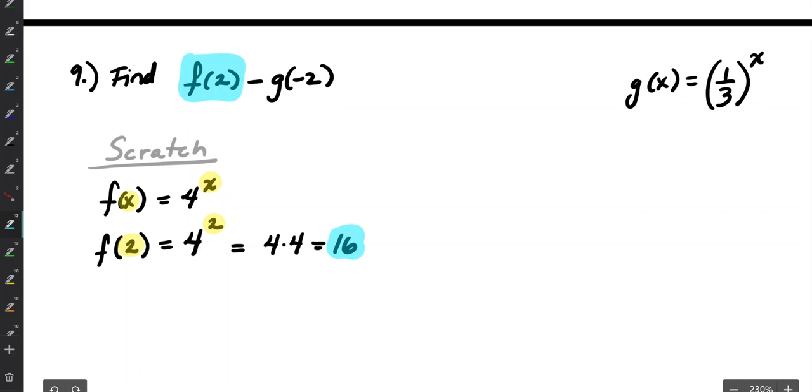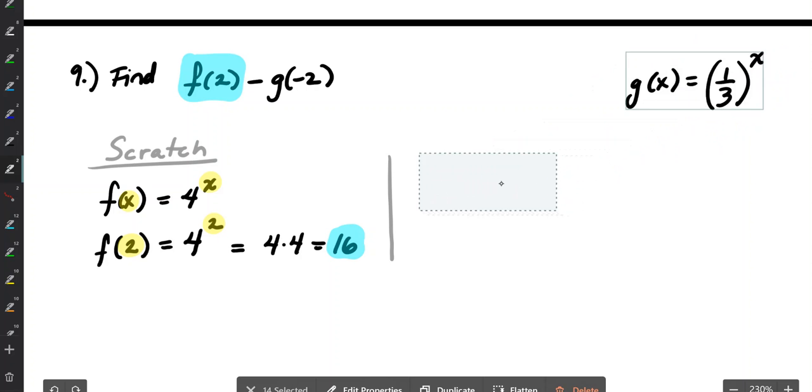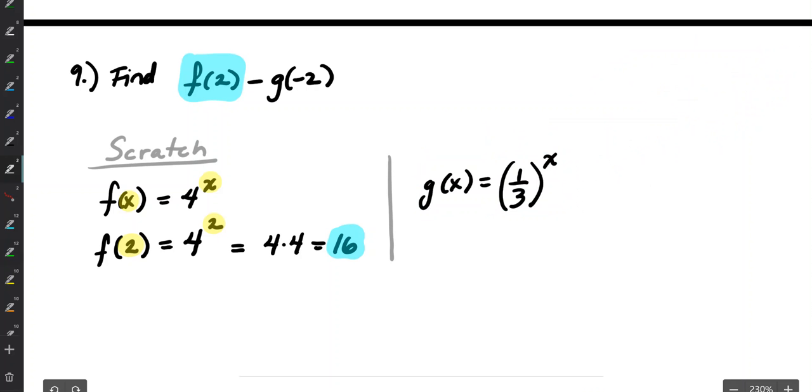All right. Let's also go ahead and find G of -2. That's my rule for G. Whatever number I put in, I get out 1/3 to that number, 1/3 to the input. I'm looking for G of -2.